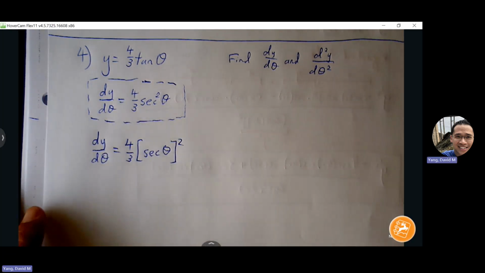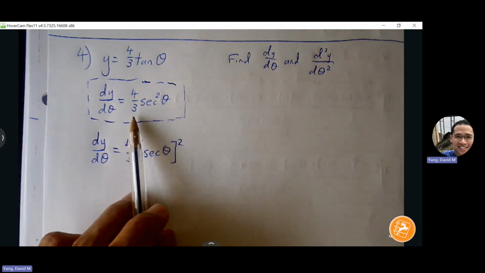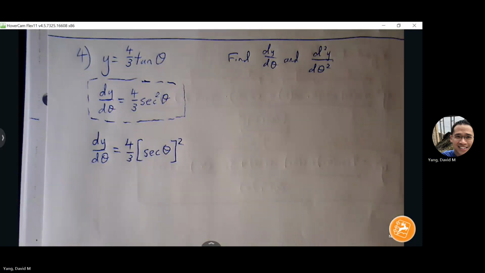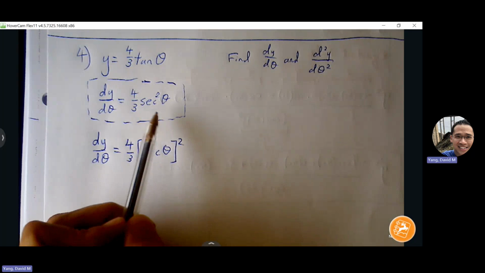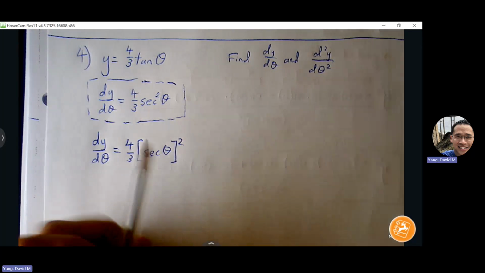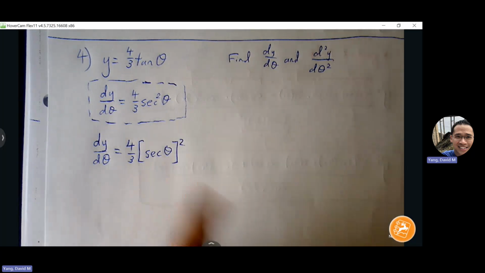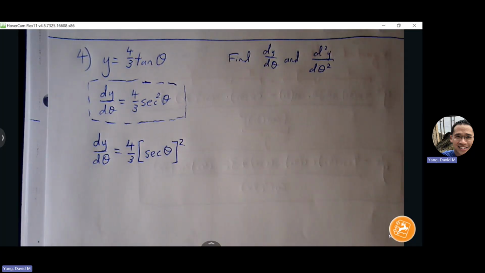Do you include theta? That's right, include theta, but we don't include the 4/3 because 4/3 is outside of that secant expression. Any trig function always has to have some variable attached to it. A secant or tangent is never standalone. It's always trig of an expression.